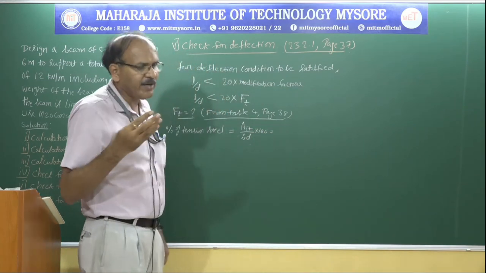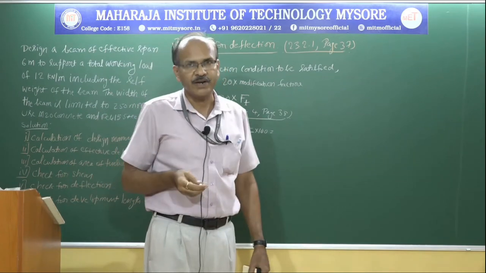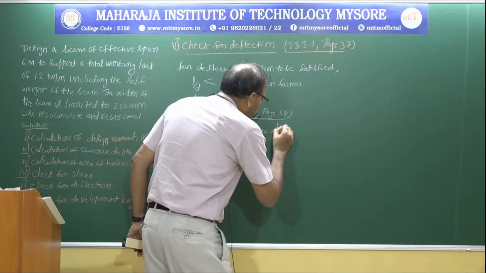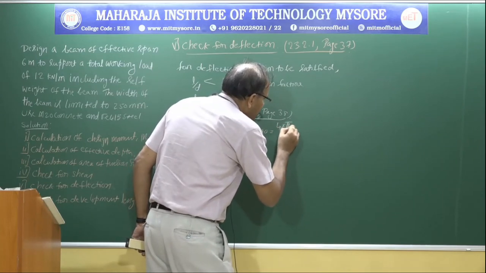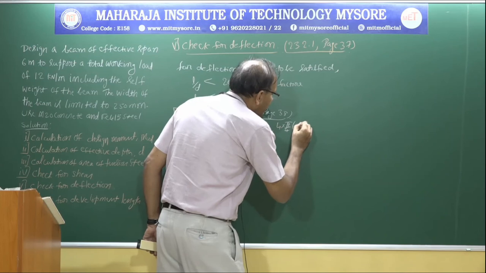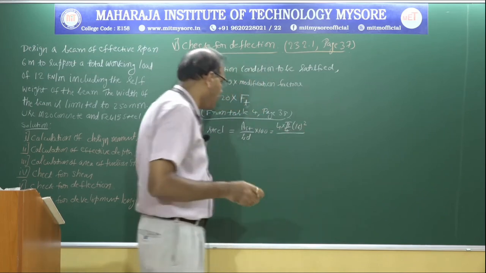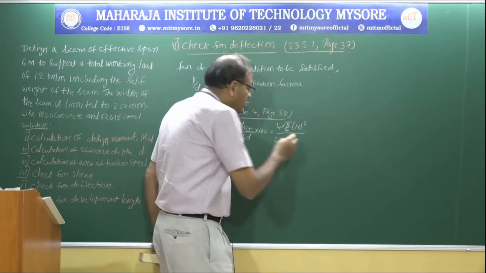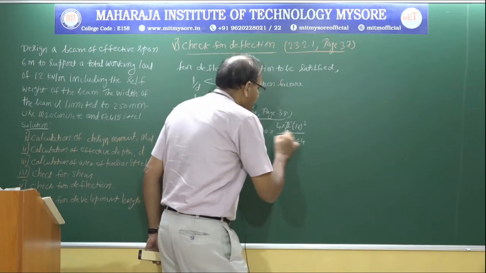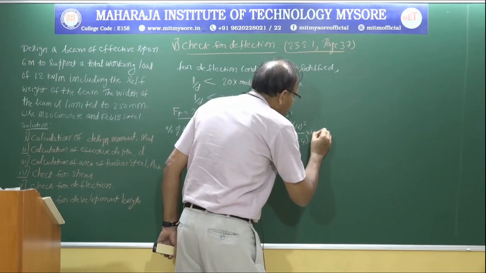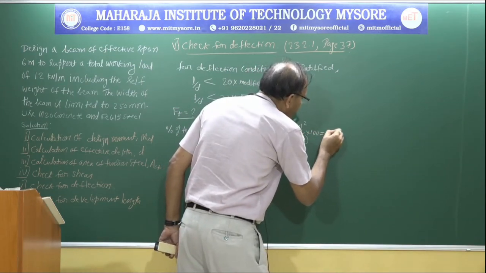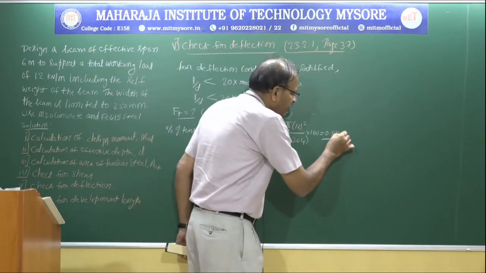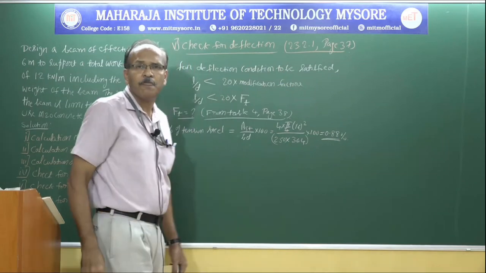We have provided 4 bars of 16 millimeter diameter. So the area of 4 bars of 16 millimeter diameter is pi by 4 multiplied by 16 square multiplied by 4. B is 250 and D is the effective depth, which is 364, and multiplied by 100, we get 0.88. That is the percentage of tension steel we have provided.